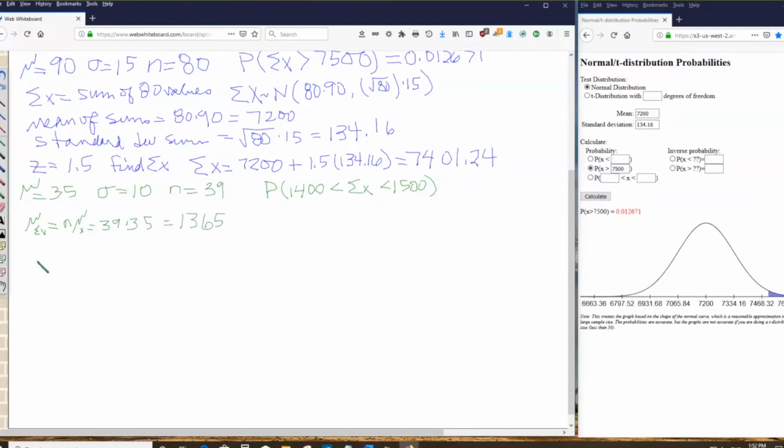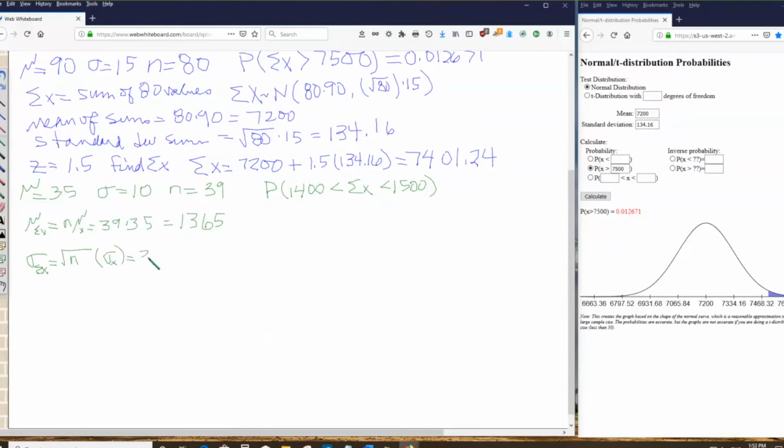And then my standard deviation of the sum of x is going to be the square root of the sample size times the original standard deviation.